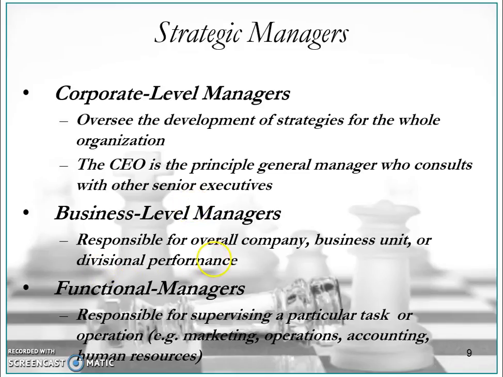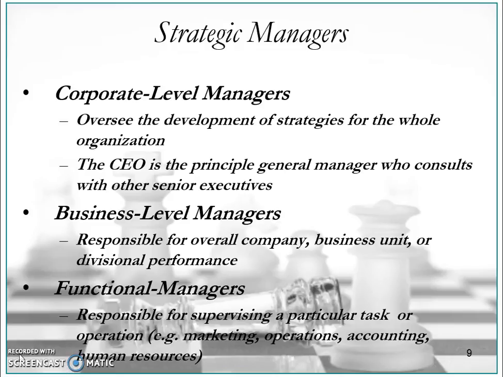At the business level, there are business level managers, who are responsible for overall company, business units, or divisional performance. Finally, at the functional level, the managers are responsible for supervising a particular task or operation, as we just mentioned in the previous slide as well. At this level, we are talking about marketing, operations, accounting, human resources, and other functional areas of management.